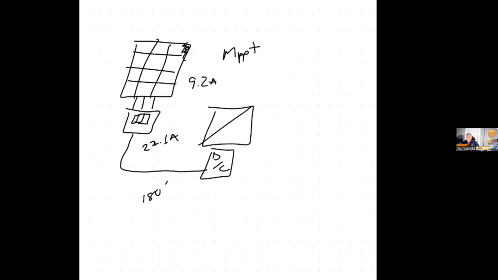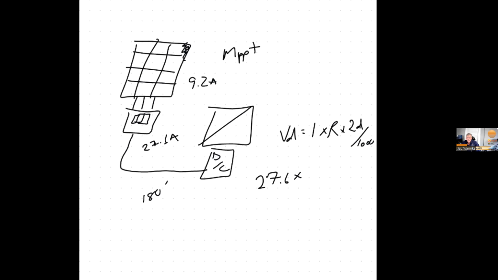And it's going here, and it's 180 feet. So voltage drop equals amps times resistance times twice the distance divided by 1,000 feet. So amps is now 27.6 times, let's say that it's number 10 wire. I always use that because I have that resistance memorized.